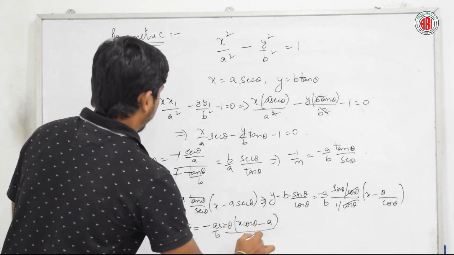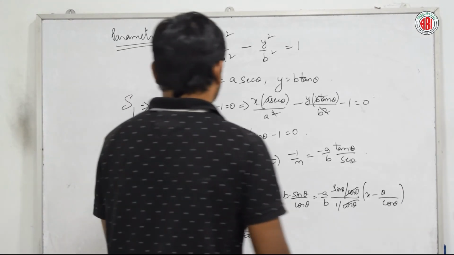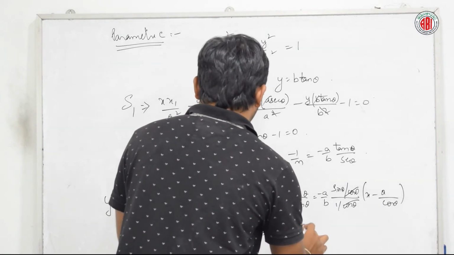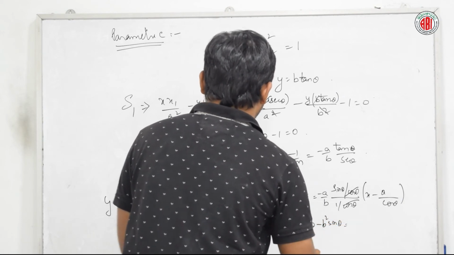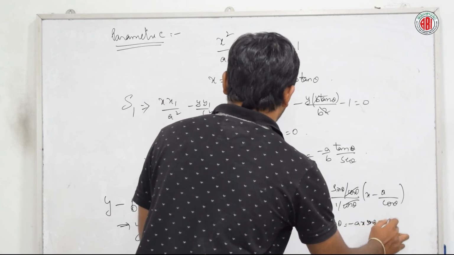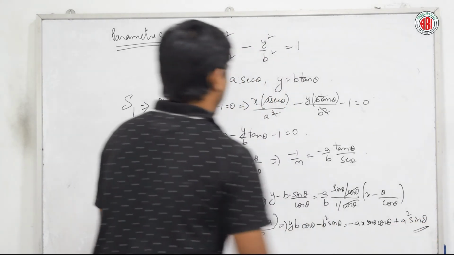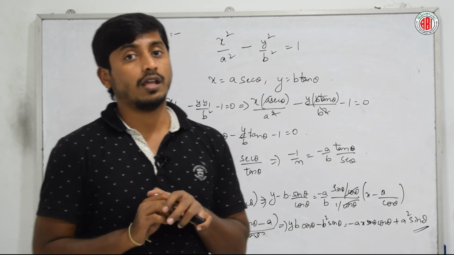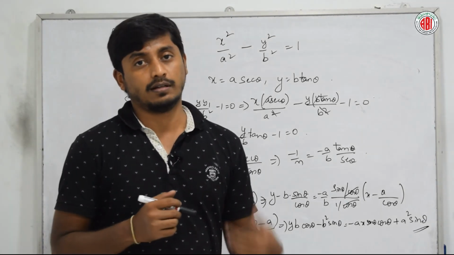Both will get cancelled. Now let's multiply this side. What do we get? yb cos theta minus b square sin theta is equal to minus ax sin theta cos theta plus a square sin theta. If you simplify more, you will get more kinds of things. Is it okay? This is one thing you have to remember.